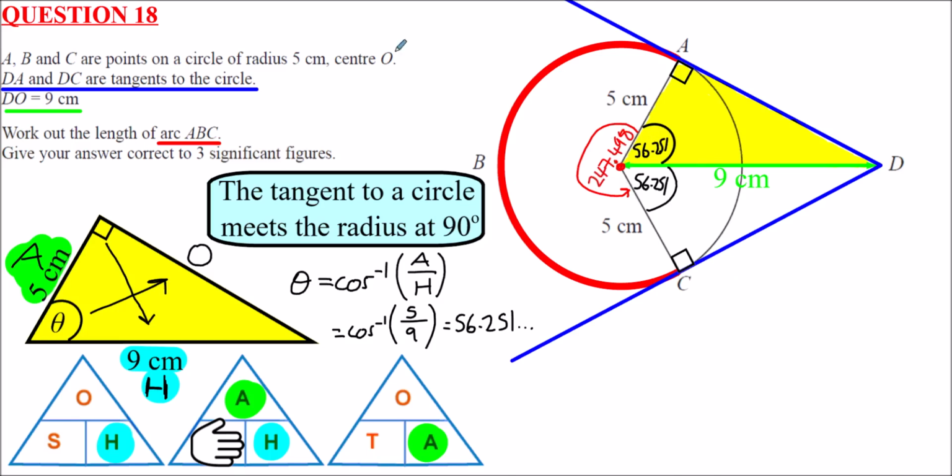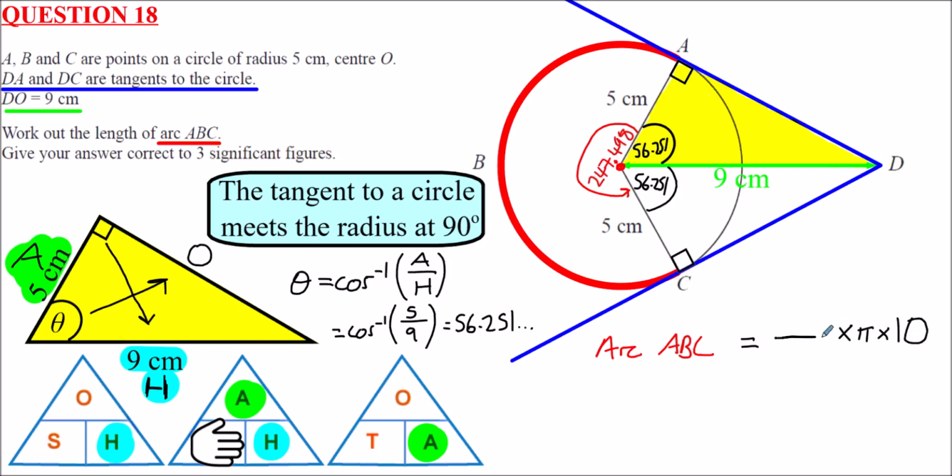So therefore, we can finally say arc ABC is going to be a certain fraction of the circumference of a circle. The circumference of any circle is pi multiplied by the diameter. If the radius is 5, the diameter is always double the radius, the diameter is going to be 10.